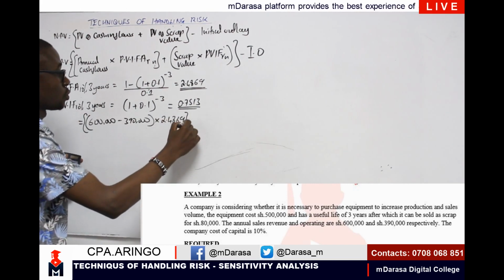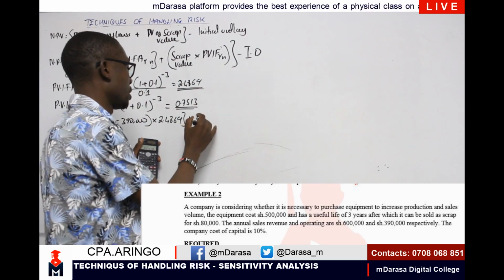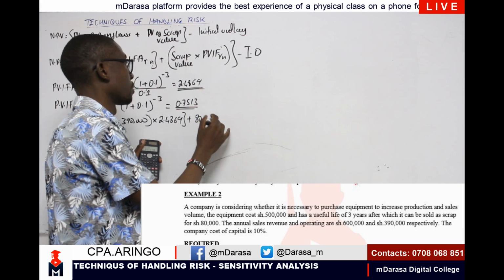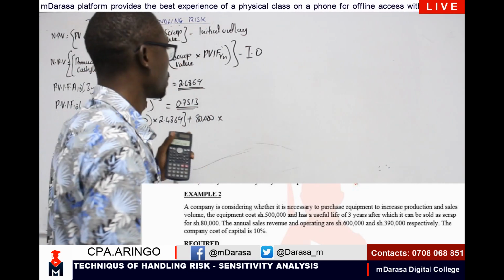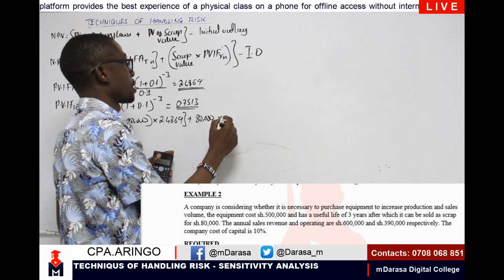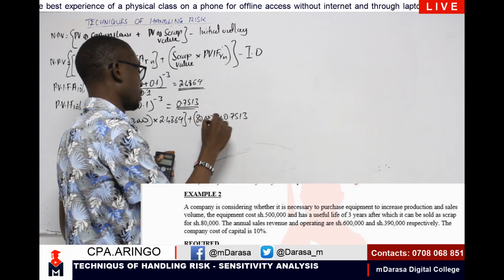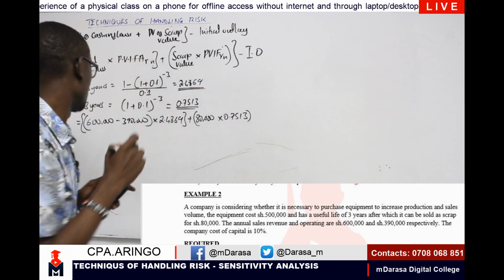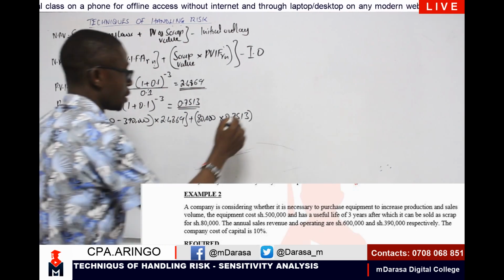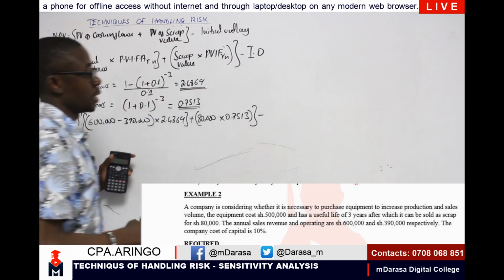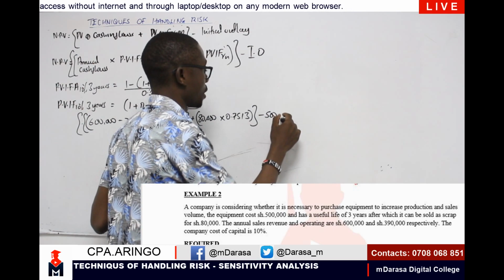After we've worked it out, you are going to add the scrap value, which was 80,000, times the present value interest factor, given the rate and number of years, 0.7513. So all this, we are going to less our initial outlay, which was how much? 500,000.